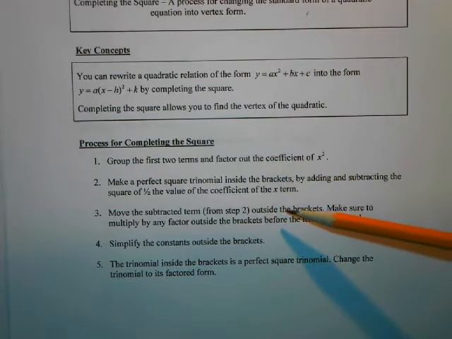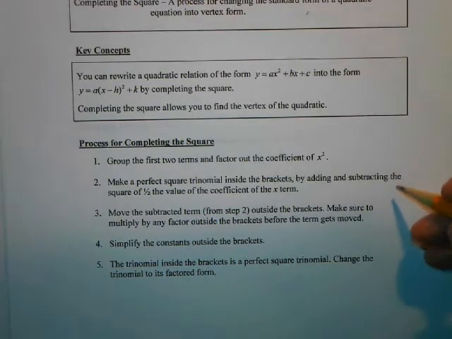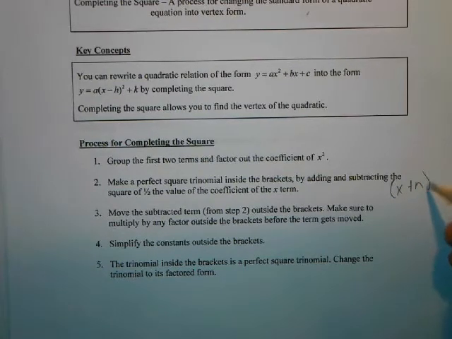The second step is the completing the square process. So we're actually going to turn the expression inside the brackets into a perfect square trinomial. If you remember, a perfect square trinomial is when you have x plus a number, squared.